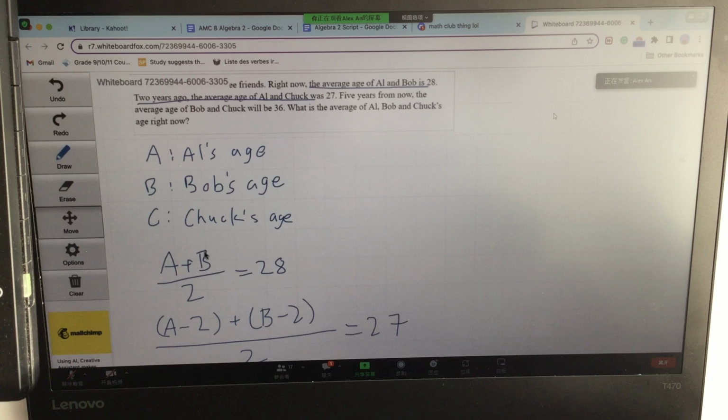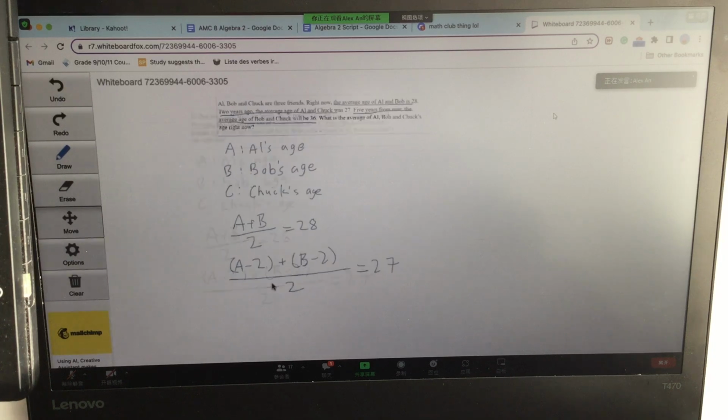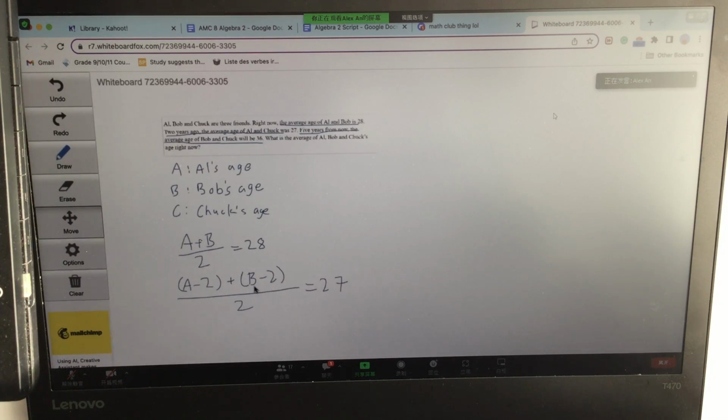And then the last one says 5 years from now, the average age of Bob and Chuck will be 36. So 5 years from now, Bob's age will be B plus 5.